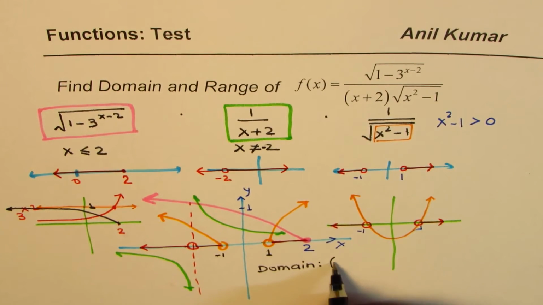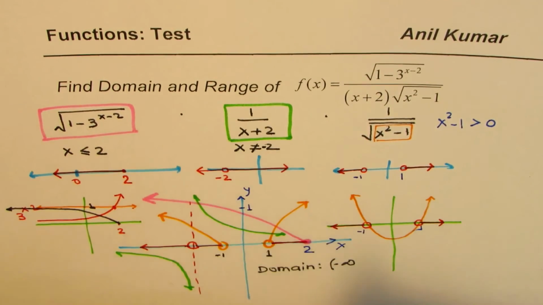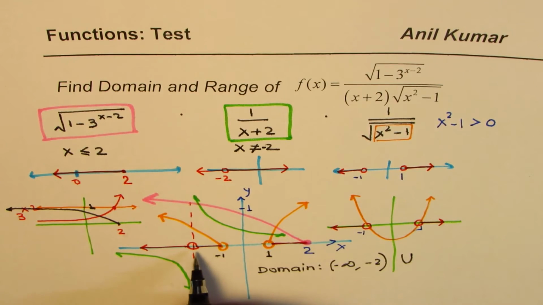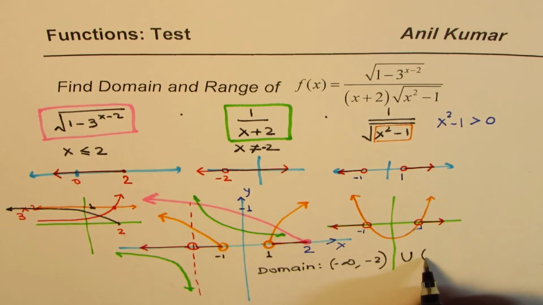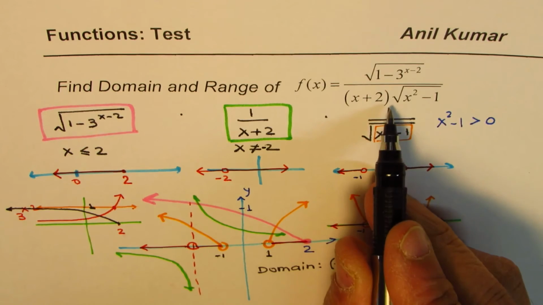Minus infinity to this point, which is minus 2, because of this function. So you cannot include minus 2, union. And then you can include from minus 2 to minus 1. Again, minus 1 cannot be included, since that will result in 1 over 0.